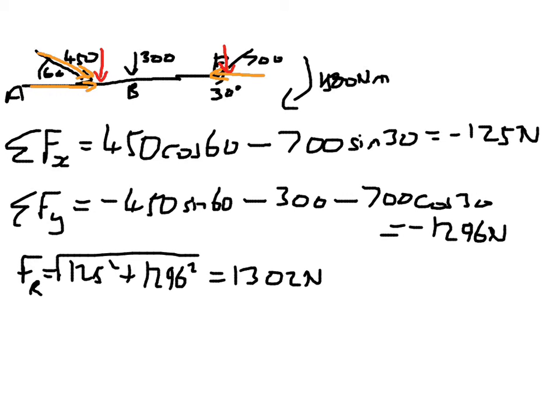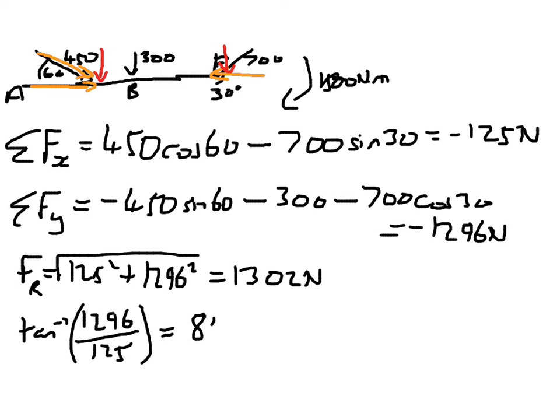The angle that will sit out on the beam will be the inverse tan of 1,296 over 125, which is 84.5 degrees. So we know the resultant force, we know the resultant angle.